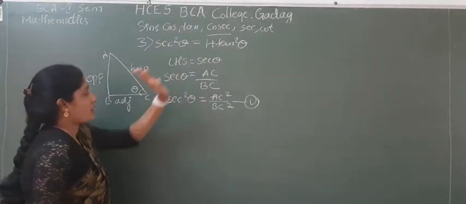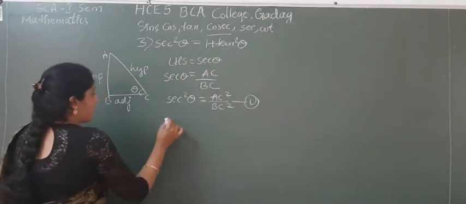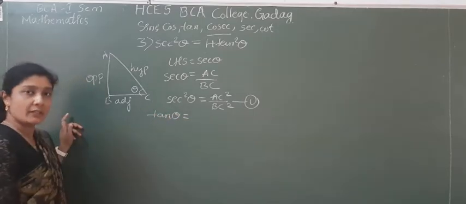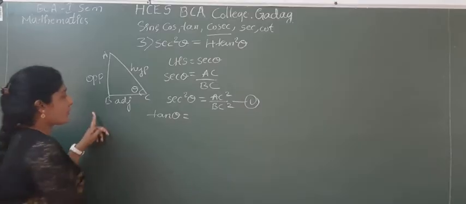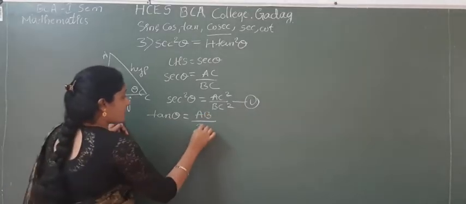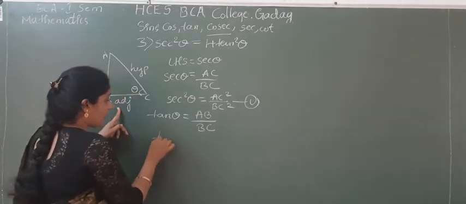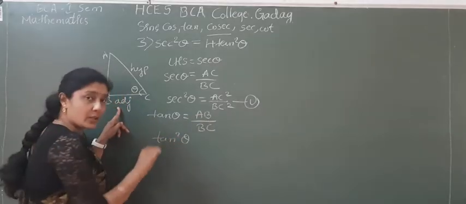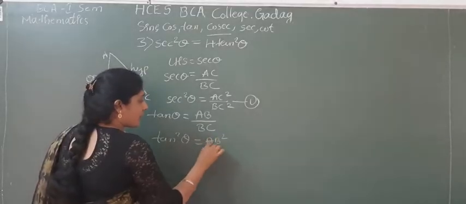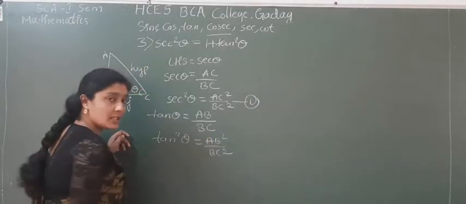Now coming to RHS. Let us take tan theta. What is tan theta? Opposite divided by adjacent. So opposite is AB divided by adjacent BC. Now let us square this. Tan square theta is equal to AB square divided by BC square.